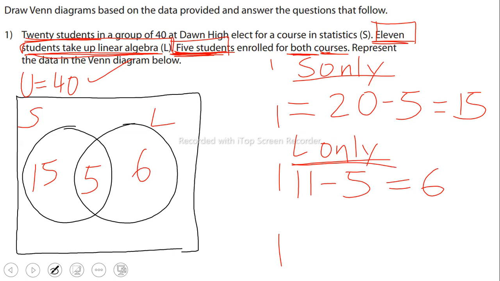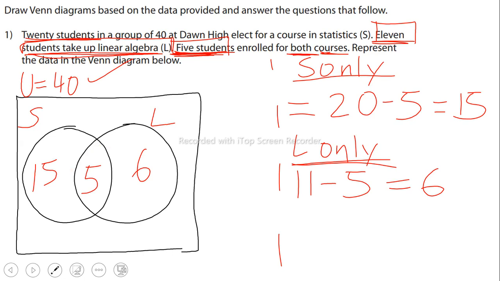Because if you look at it, 15 plus 5 is 20. 20 plus 6 is 26. So the number of elements in the union of these two, everything inside this thing right here, all of them combined, that actually took a course, is 26.